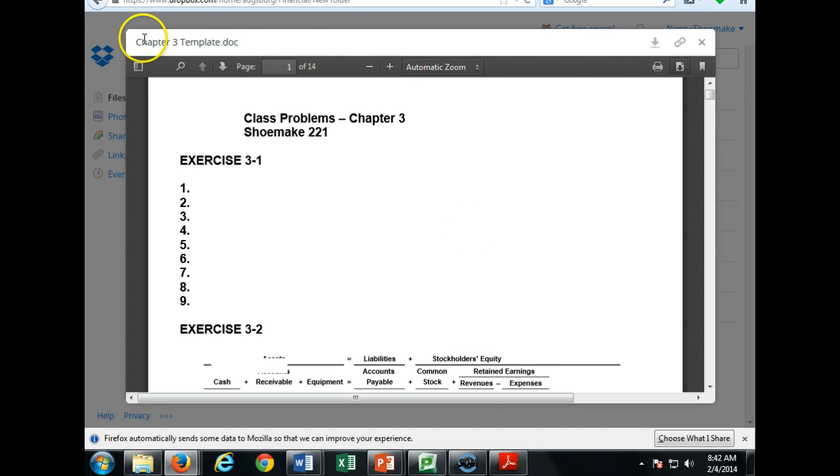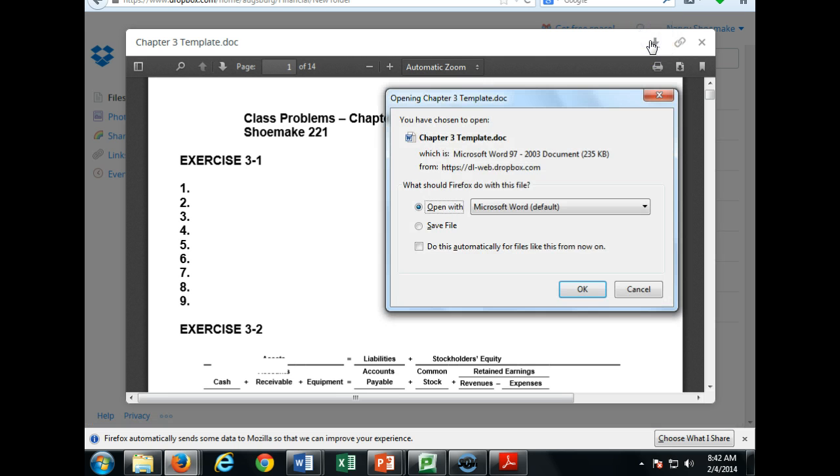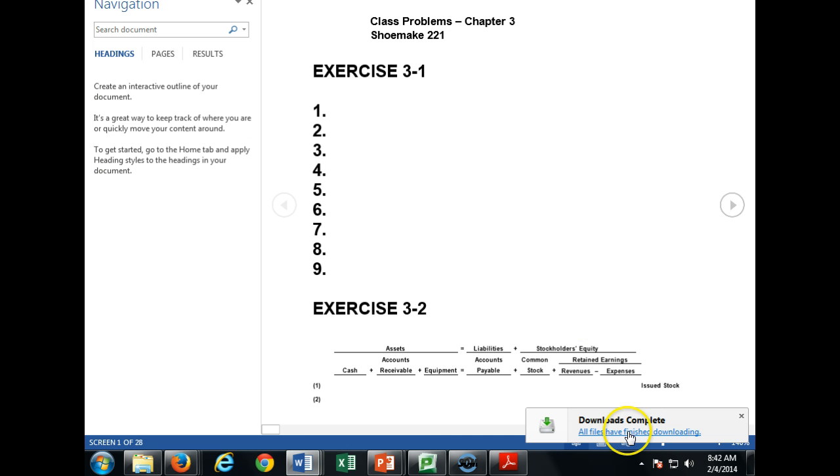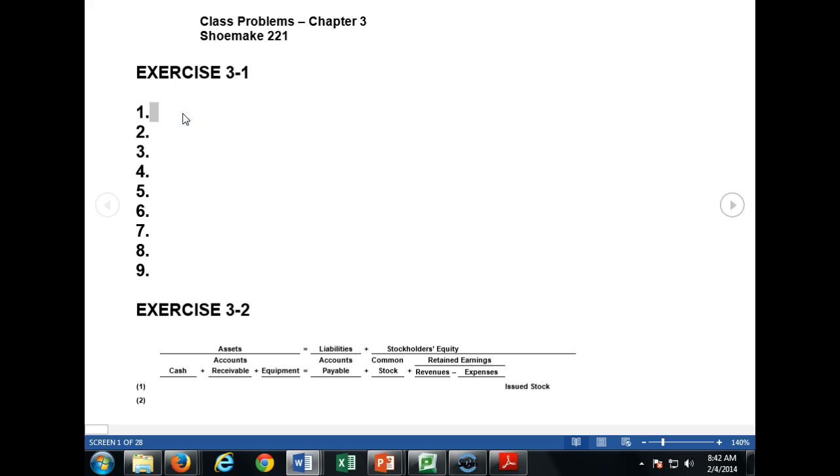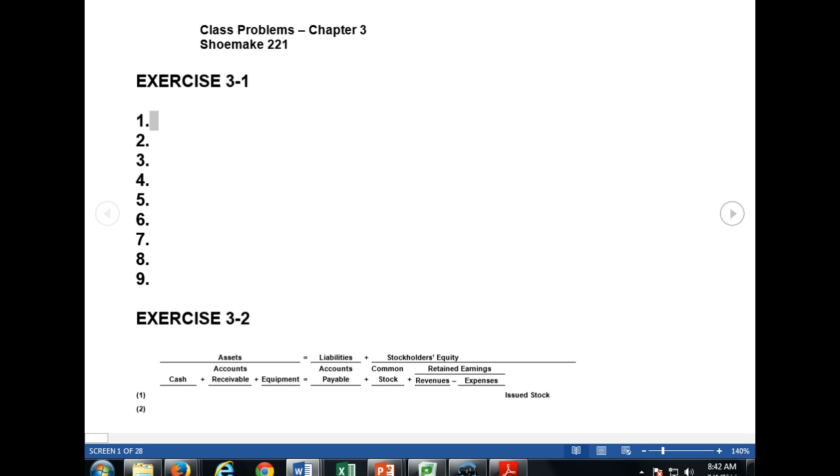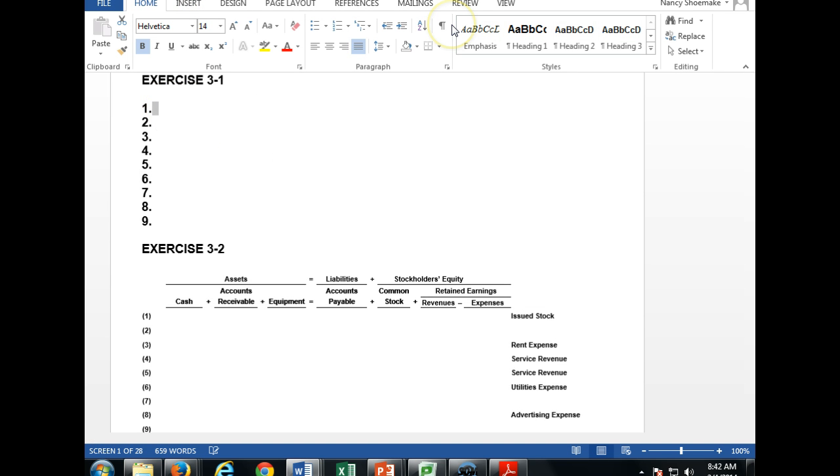New folder, Dropbox. That's a doc. Template, I knew I did it in a doc. Open with Microsoft Word. Okay, and this thing is getting in my way. View. Edit, thank you. Little slow.